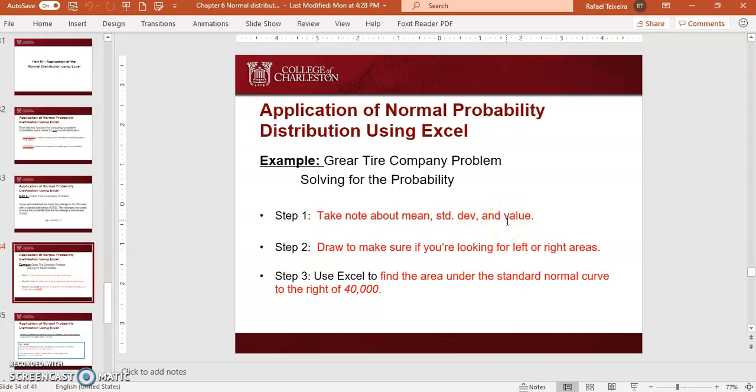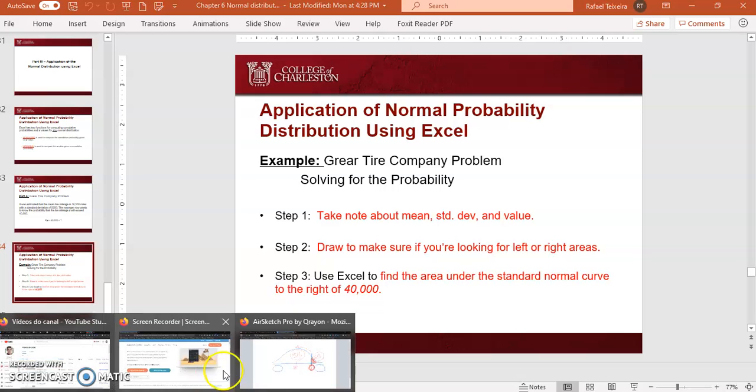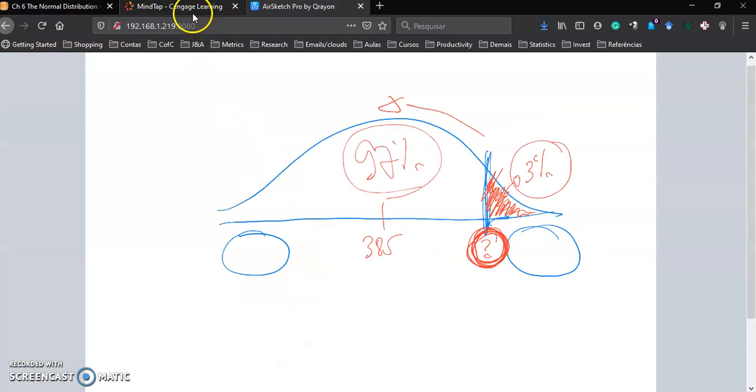Let me show you how to do that. Okay, let's start a new fresh process. Step number one is to take note of the mean, which is 36,500.